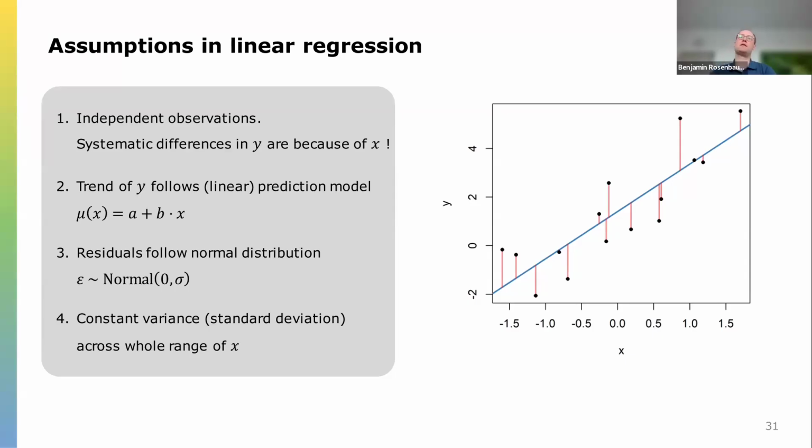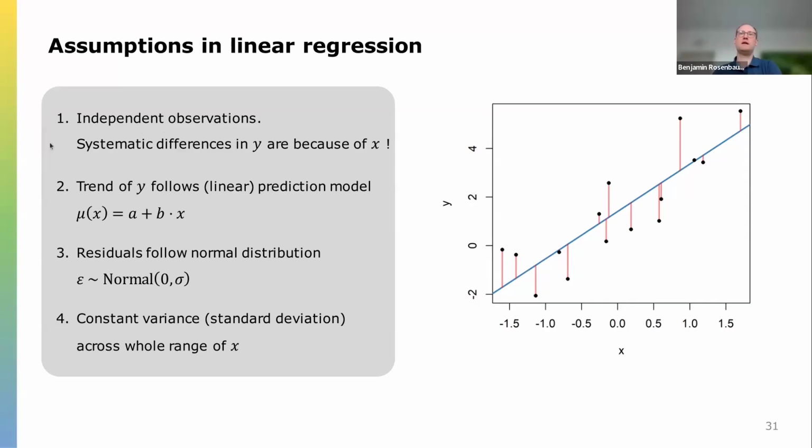If you, for instance, have a small habitat and you go there each year and take some observations, then they might not be completely independent because you have a grouping variable, which is year, which clusters your data.